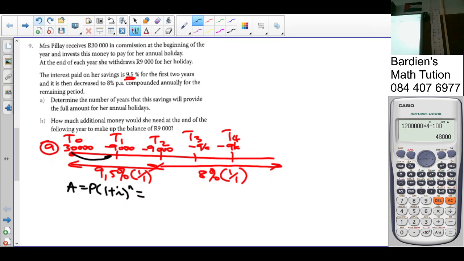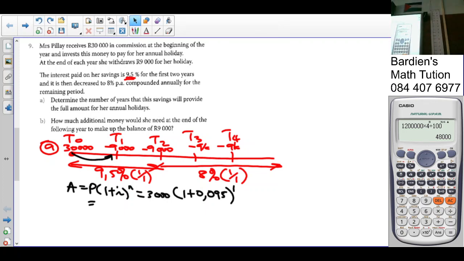So I'm going to consider the first year. It's going to be 30,000 Rand into 1 plus 0,095 to the exponent 1. So let's work that out. 30,000 Rand into 1 plus 0,095 to the exponent 1 gives you 32,850 Rand.